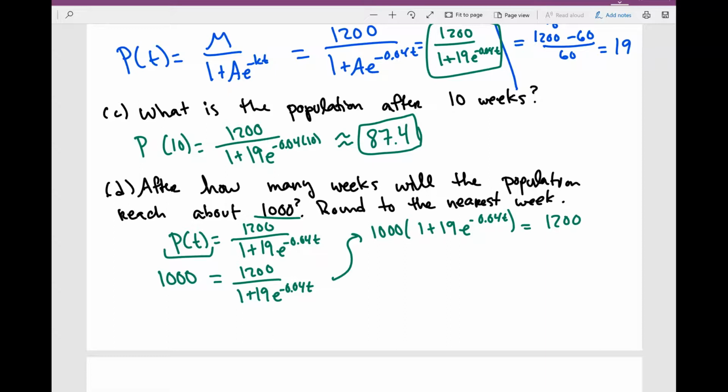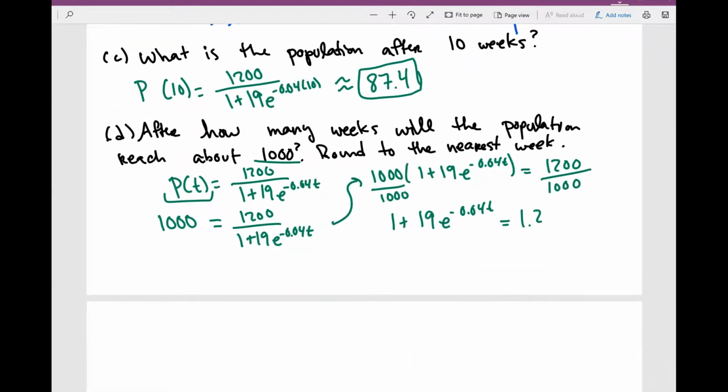Now I'm going to divide by 1,000. So I have 1 plus 19 e to the negative 0.04 t is equal to 1.2.